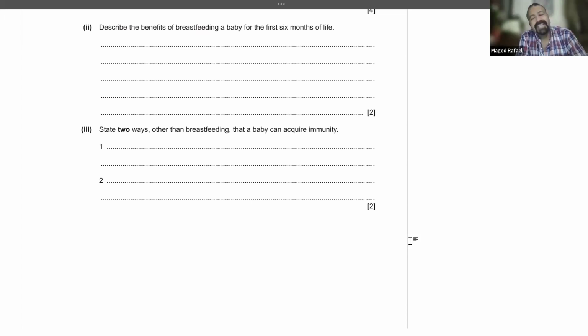Simply vaccination. So vaccination is a way, and the second way is that you got infected. This is a way by which we can acquire immunity.